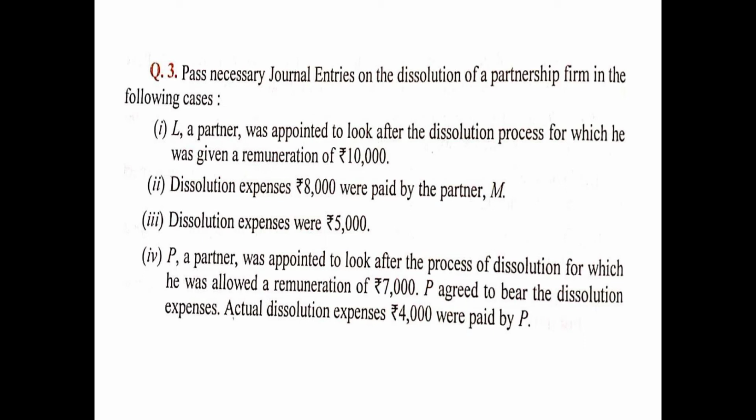P agreed to bear the dissolution expenses and actual dissolution expenses were rupees 4,000 which were paid by P. So in this case, since the dissolution work is assigned to the partner P and a fixed remuneration has been decided, rupees 7,000, even if the partner spends less than this from his pocket, we will give him the fixed remuneration. So the entry in this case will be realization account debited 7,000 to P's capital account 7,000.